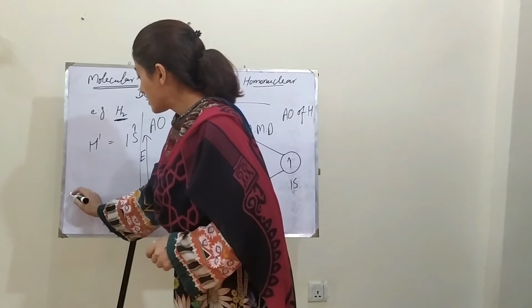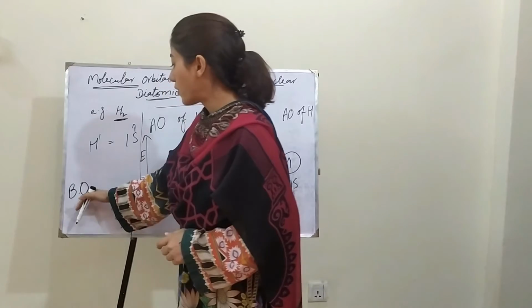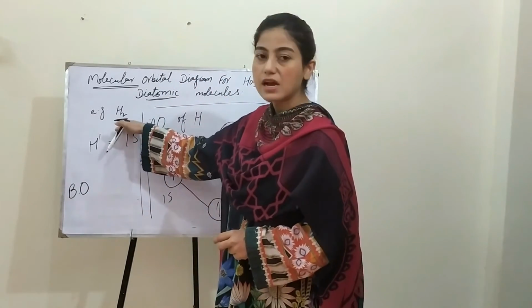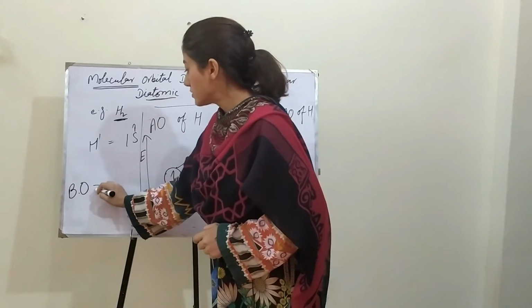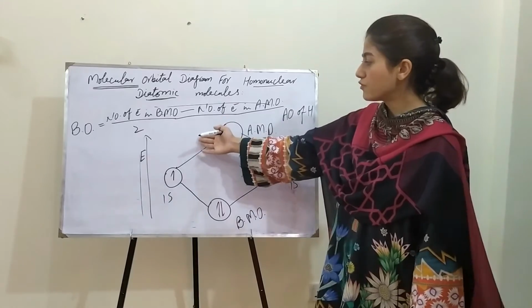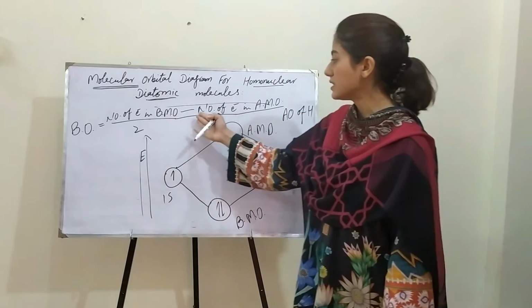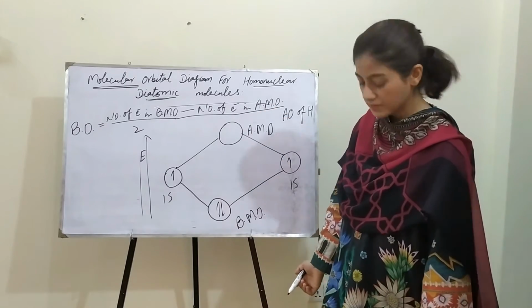On the basis of this diagram, we can calculate the bond order for the hydrogen molecule. The definition of bond order is 1/2 of the difference between the number of electrons in bonding molecular orbital and the number of electrons in antibonding molecular orbital.